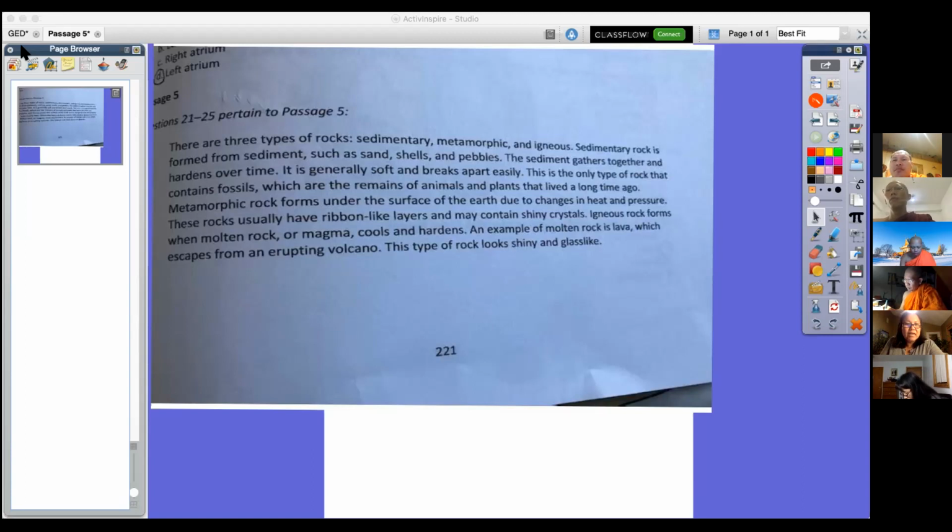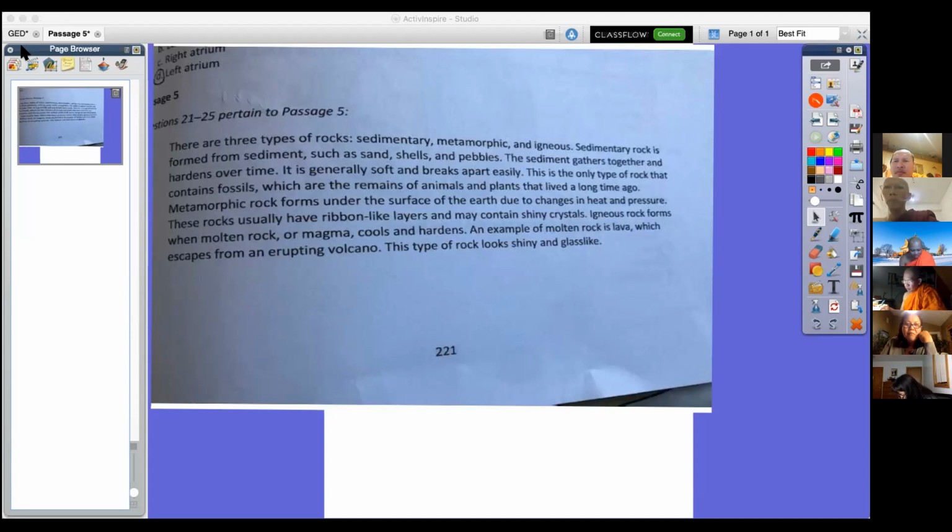This is the only type of rock that contains fossils, which are the remains of animals and plants that lived a long time ago. Igneous rock forms when molten rocks or magma cools and hardens.